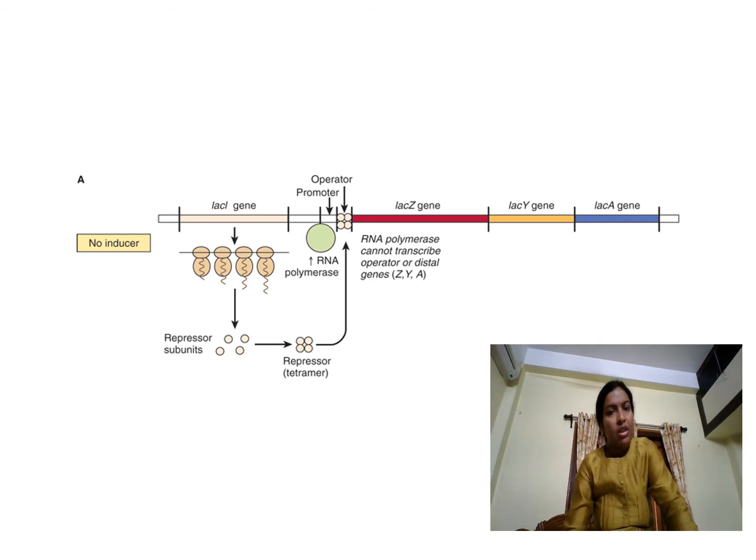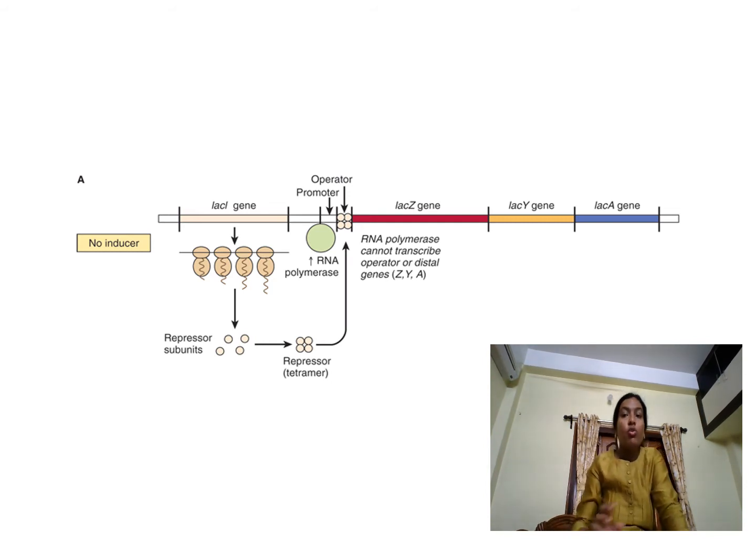Now this repressor molecule forms a tetrameric form, and this tetrameric repressor molecule can bind at the operator site. So now they block the operator site. As they block the operator site, the RNA polymerase cannot transcribe the downstream genes.